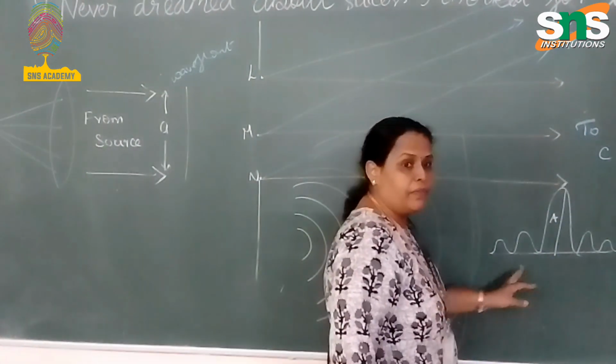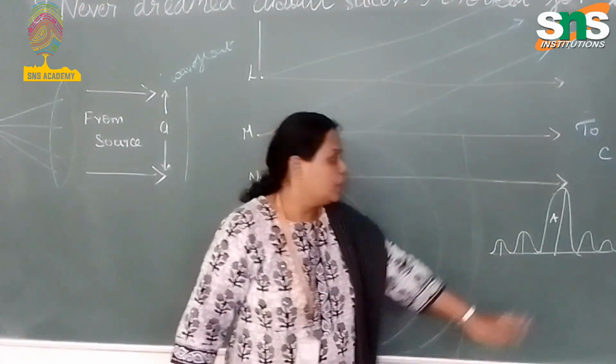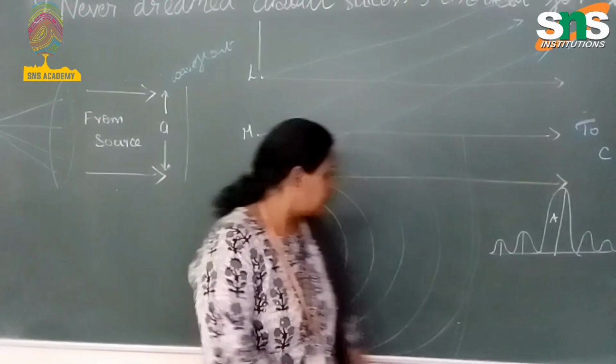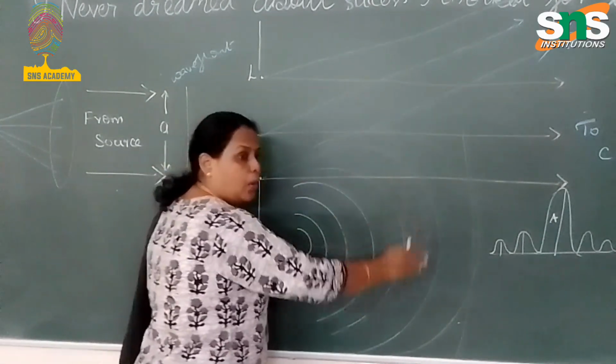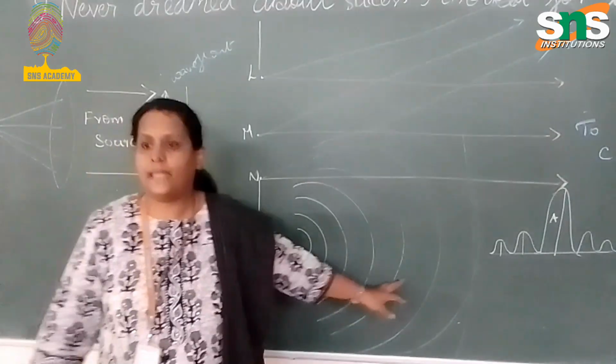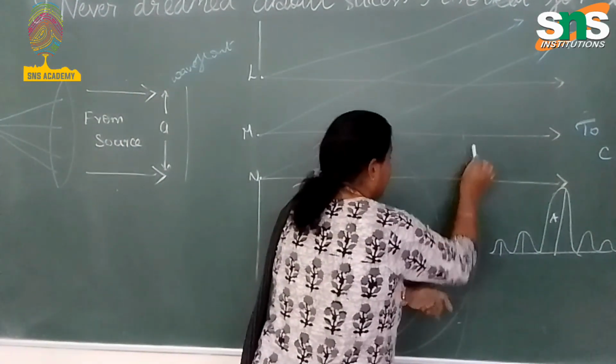In the consequent fringes, your amplitude will be decreasing, and at the center you will be getting a bright fringe. Why? Because all the waves, when they reach the faraway screen, at the center you will be getting a bright fringe, and at this point the intensity will be reduced.